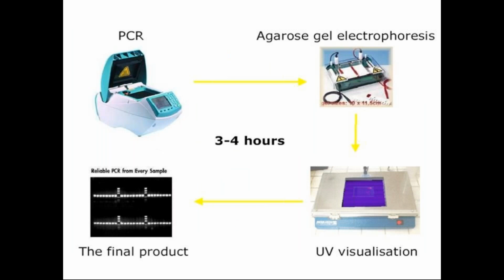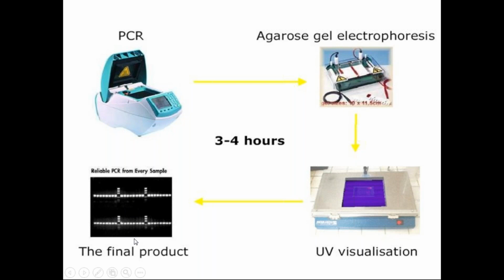After the PCR completion, we perform gel electrophoresis to separate the PCR product, and we check whether it is specific or not. If specific, then we get an image like this, and on the basis of this PCR product image, we analyze the result and decide whether it is a specific PCR product or not.